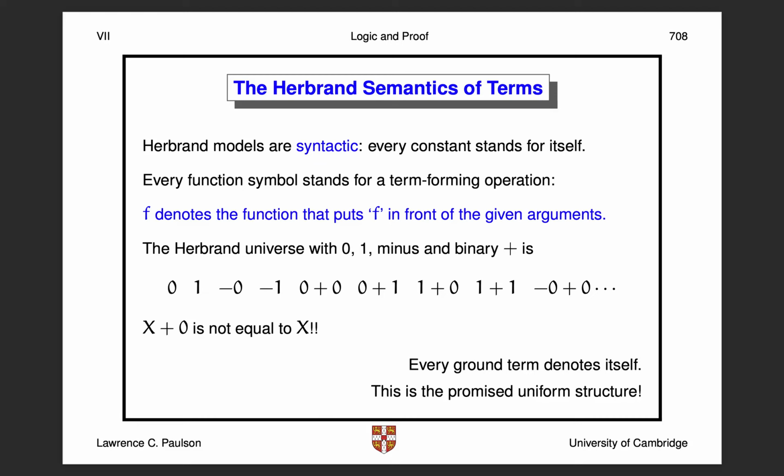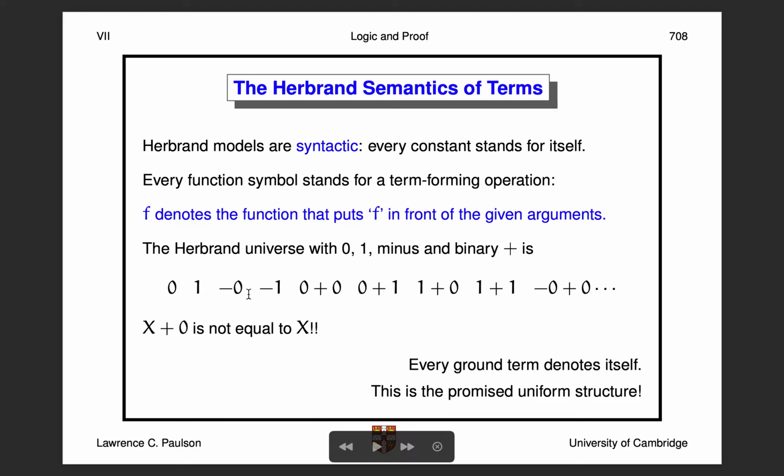So let's suppose, for example, that our set of clauses contains two constant symbols, namely 0 and 1, plus a unary function symbol for minus, and a binary function symbol for plus. Then we see our Herbrand universe written here. We go through our constants, 0, 1. Then we apply our function symbols to our constants in every combination.